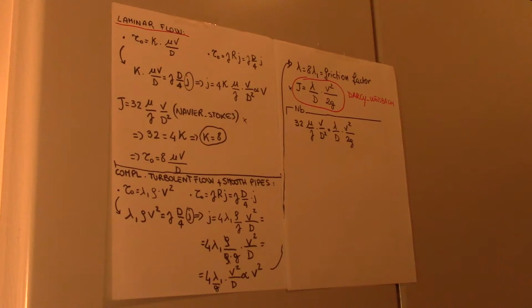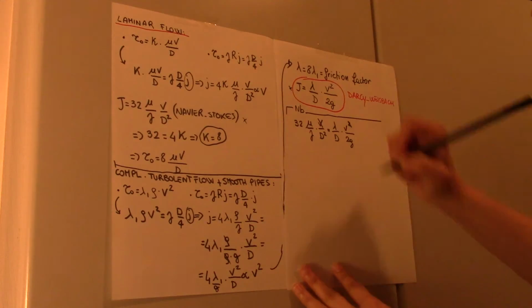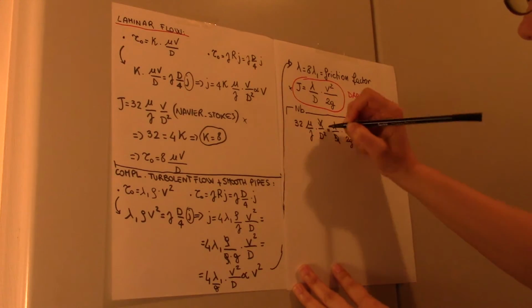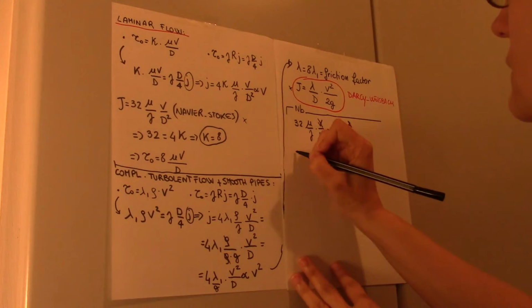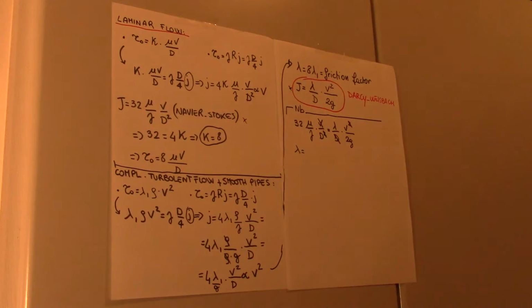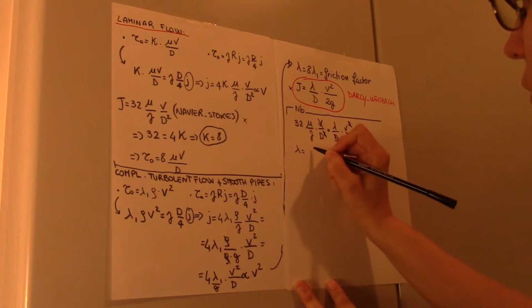Alright, so we want to get lambda. We can simplify lots of things. For example, this v is erased with this one, this g is erased with this one. So we get that lambda is equal to 2 times 32 comes to 64.